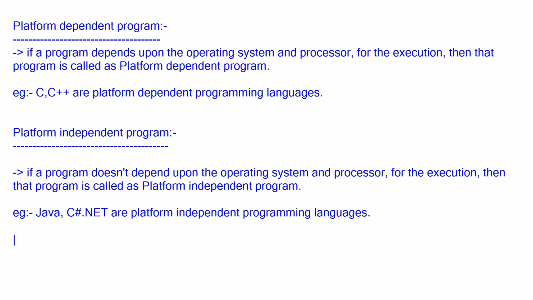If you want to understand exactly how they became platform independent, we are going to discuss that in another section. Now let us try to understand how C and C++ languages became platform dependent programming languages, and then we will try to understand how Java became a platform independent programming language.